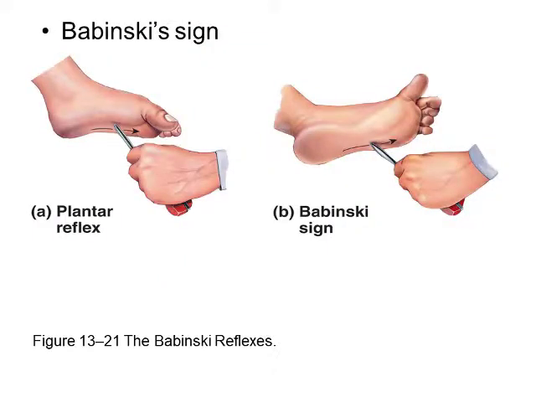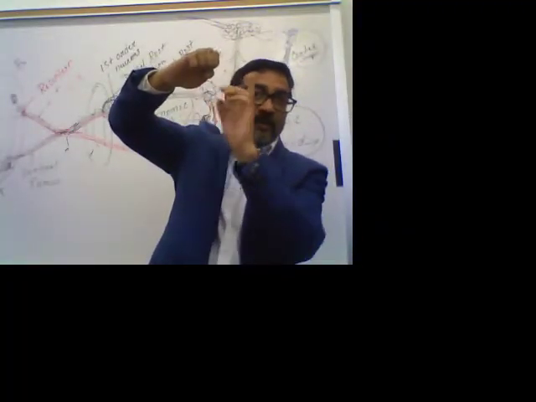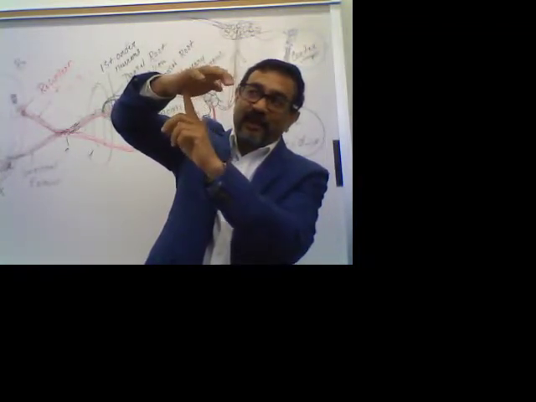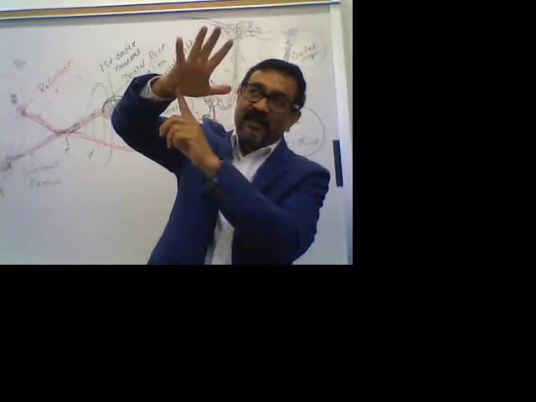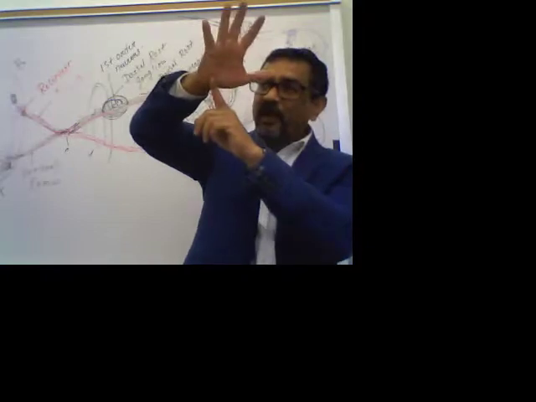Remember? So we scratch the plantar surface of the foot, the sole of the foot, to see if the toes flex. If the nervous system is functioning normally, what should be the response when I scratch? The toes should flex like this, flexion of the toes. Make sense? Now, if you have motor neuron disorder or disease, what can happen? When you scratch, the extension of the toes can occur, and fanning, not only extension but fanning of the toes.